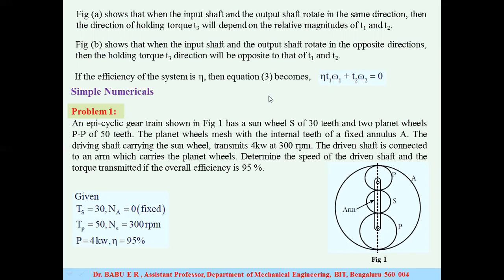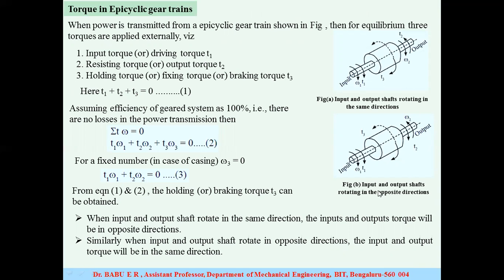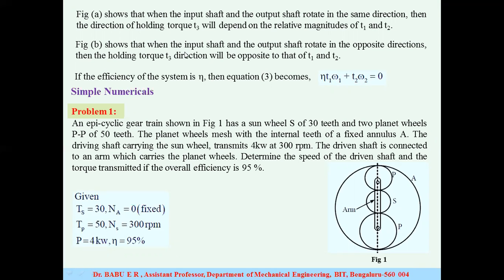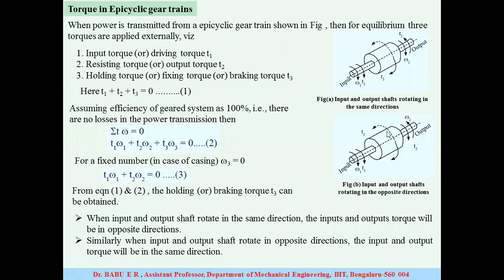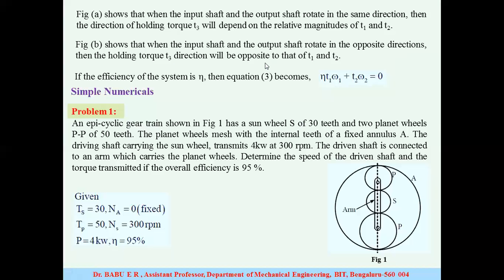Figure B represents the input and output shafts rotating in opposite direction. When the input shaft and output shaft rotate in opposite direction, then the holding torque T3 will be opposite to that of T1 and T2.